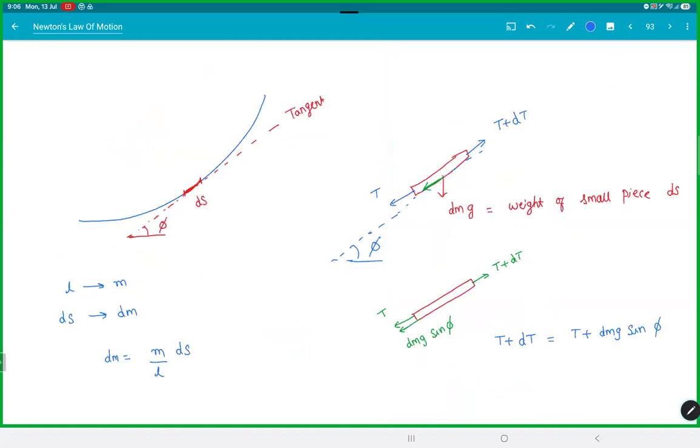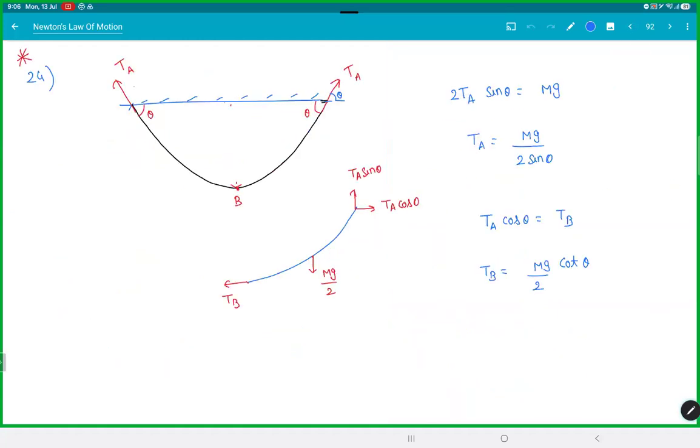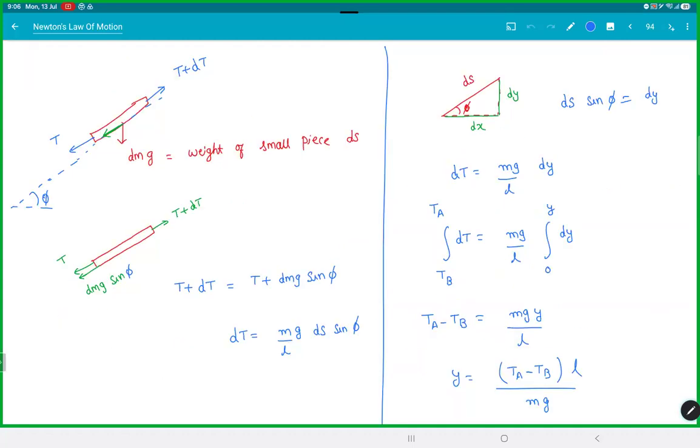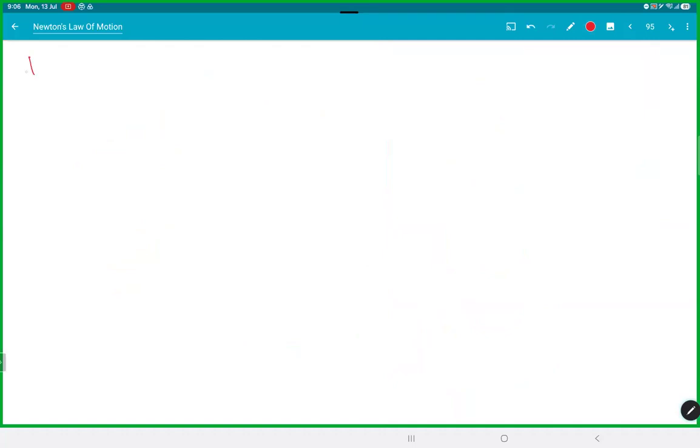And did you observe one more thing? This didn't care about the shape of the string either. It does not matter what the shape of the string is. So we can generalize the result. It's a good result. If you have some rope hanging at any point, say this is point A and this is point B, and let's say this is your origin, this is YB and this is YA.